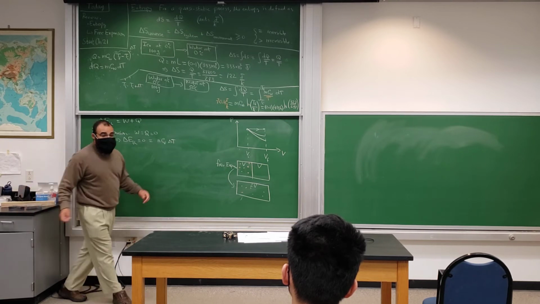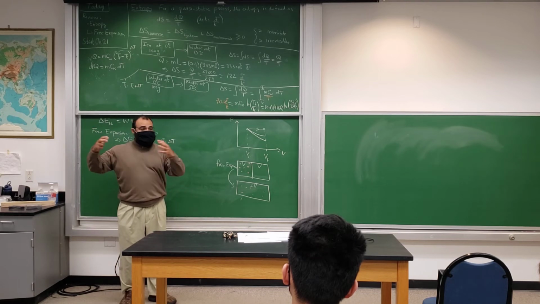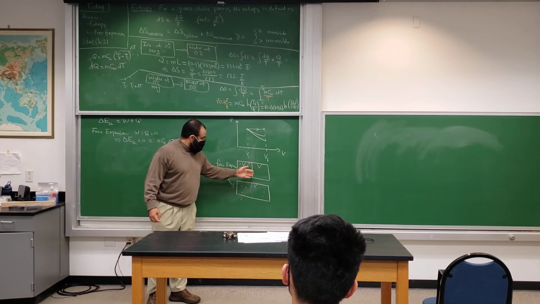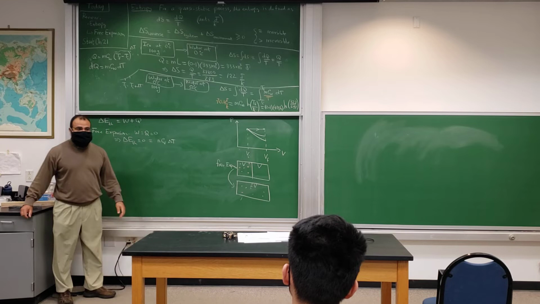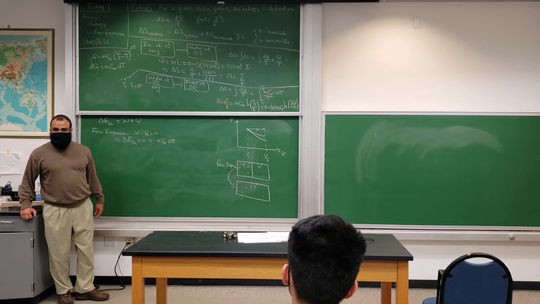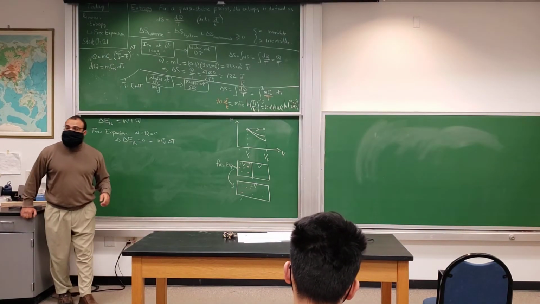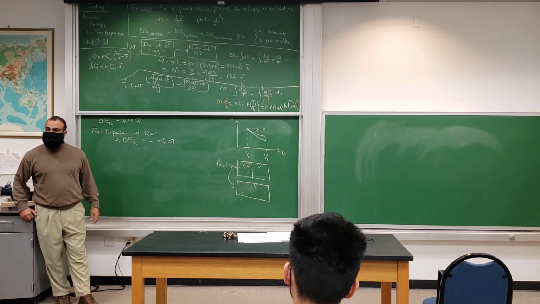When it expands into the environment, it's actually doing work against the environment. And this one, it's vacuum here. It's doing nothing. No work is done on it. No heat is added to it. So it would be the same temperature. Does that mean the molecules are still moving at the same speed? Yes, on average.